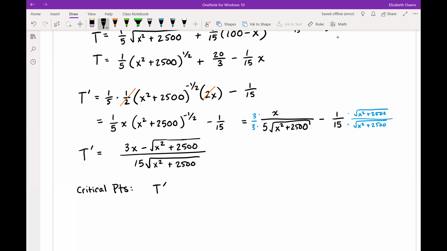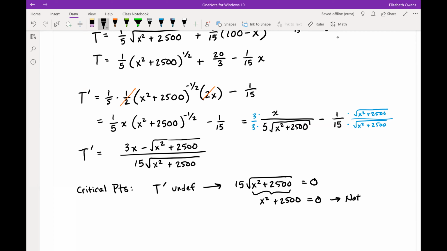Critical points. Anyway, t prime is going to be undefined if the denominator equals 0. So let's set that up. But when you look at that, you would see that that means x squared plus 2500 would have to equal 0, or x squared equals negative 2500, and that is not going to happen.